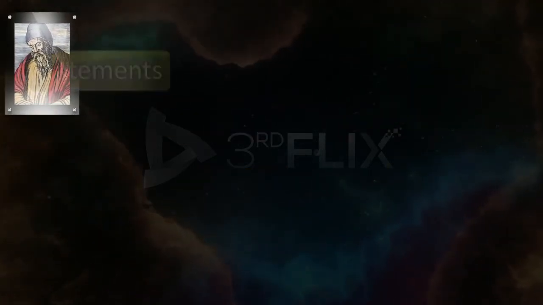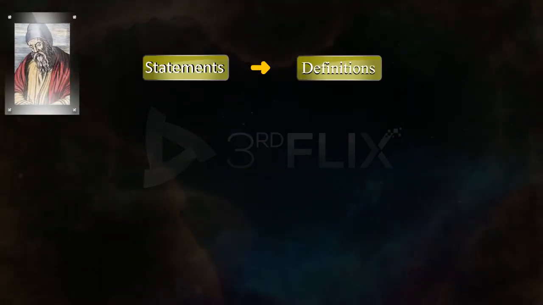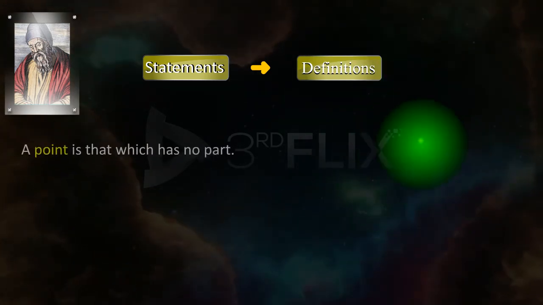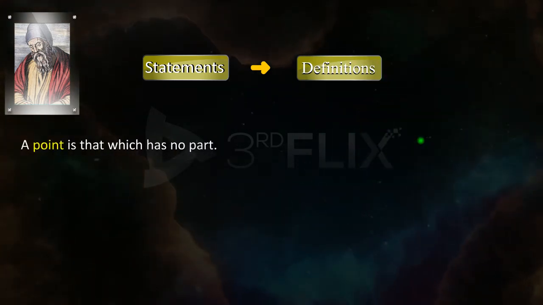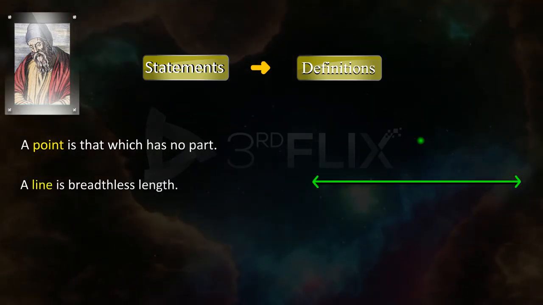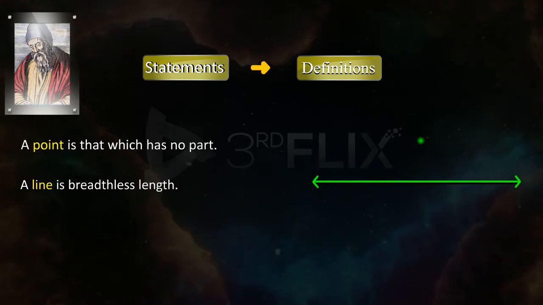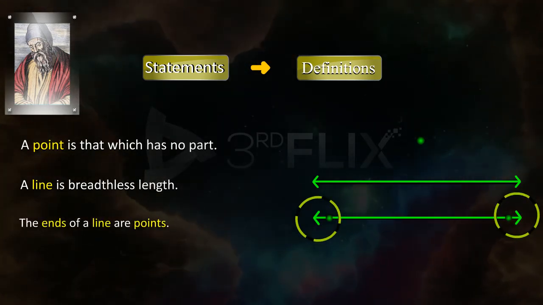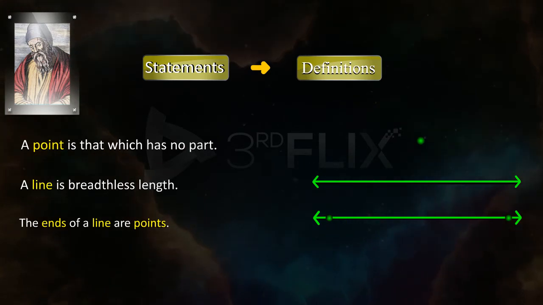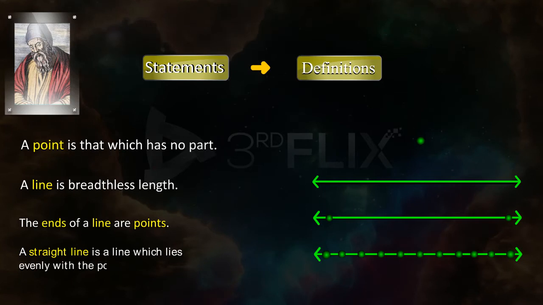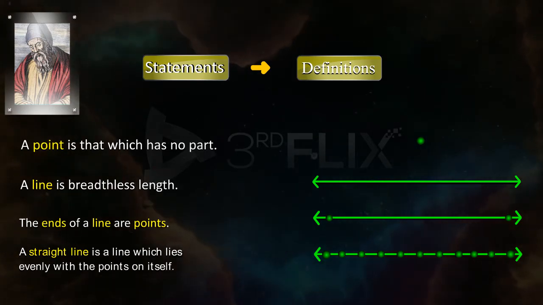Euclid summarized these statements as definitions. A point is that which has no part. A line is a breadthless length. The ends of a line are points. A straight line is a line which lies evenly with the points on itself.